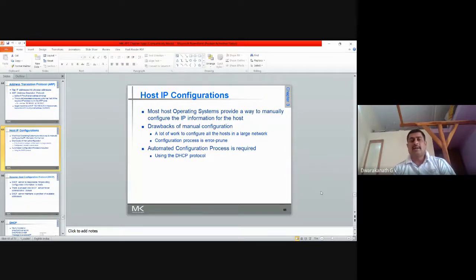In BMSIT college, assume that there are around 3,000 students, and all 3,000 students need internet. If you do it manually, for each and every student, the ISP provider should give an IP address. Then it will become a problem for him how to allocate 3,000 IP addresses.